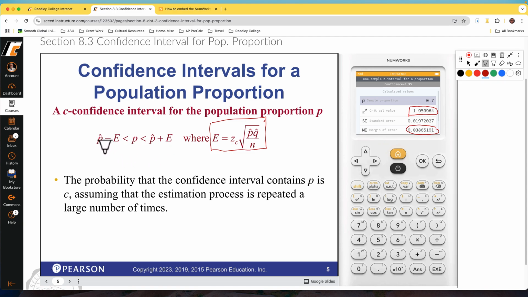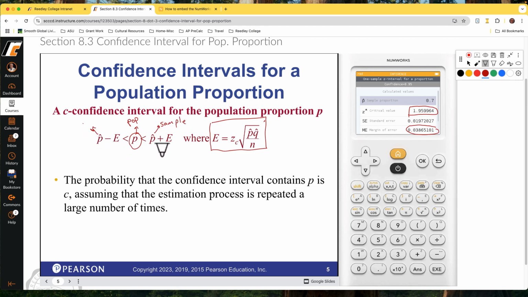And then we would take our p hat that we came up with. Remember, in both cases, it was 0.7. We could use that to estimate the population proportion. So this p without the hat is for the population. This p hat comes from the sample. P hat is p hat, but I just want to emphasize we're using the sample.